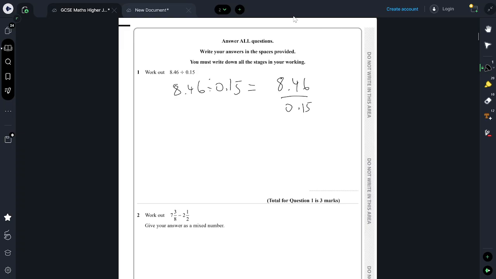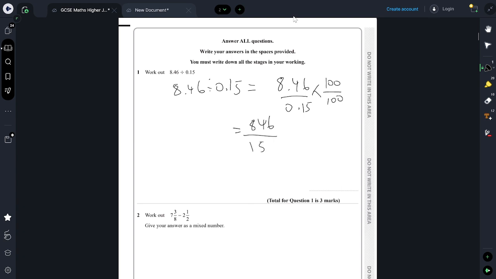You want to get rid of the decimals for both numbers, and the way to do that is by timesing by 10. You need to times by 100 to move 2 decimal points, so times by 100 over 100.